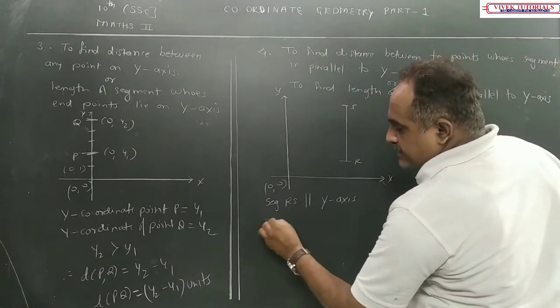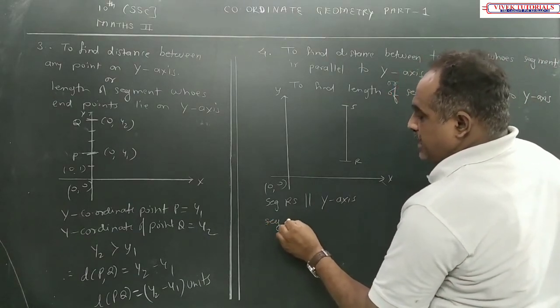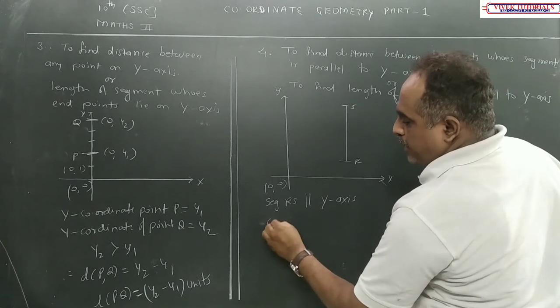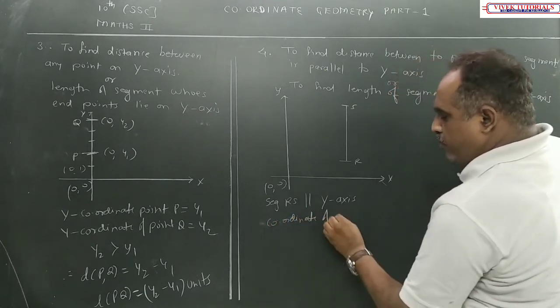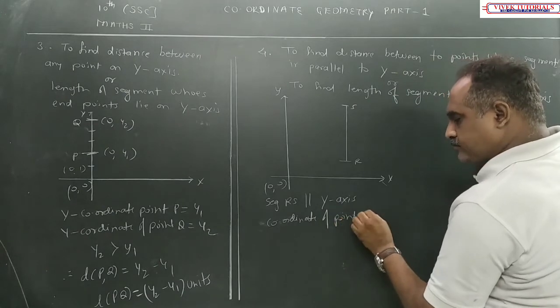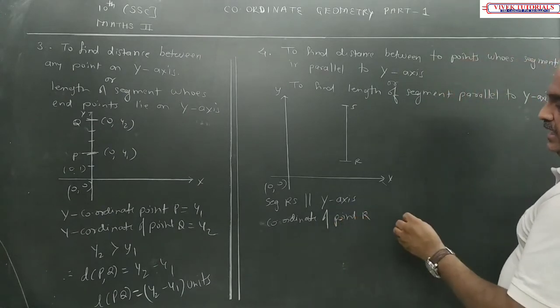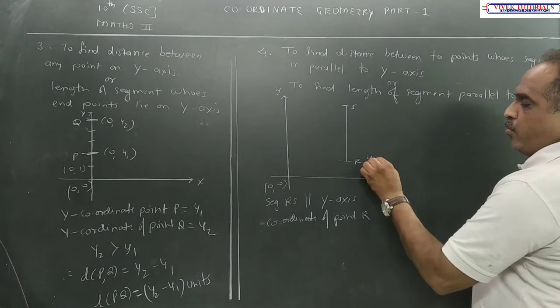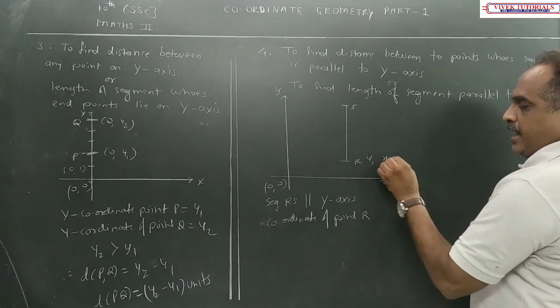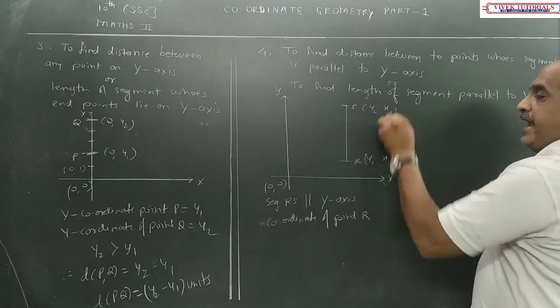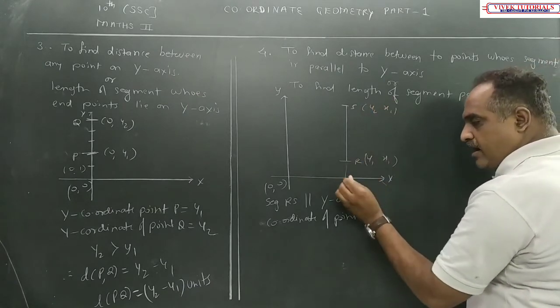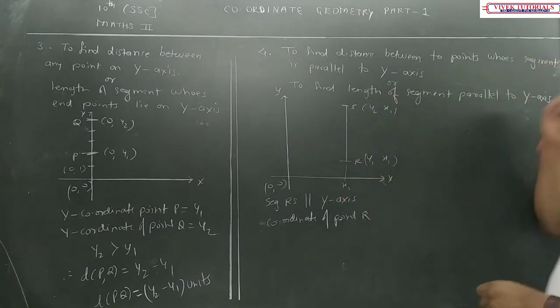Now, coordinate of point R is, say, y1, x1, and it will be y2 and x1, because x1 will remain the same for both of them.